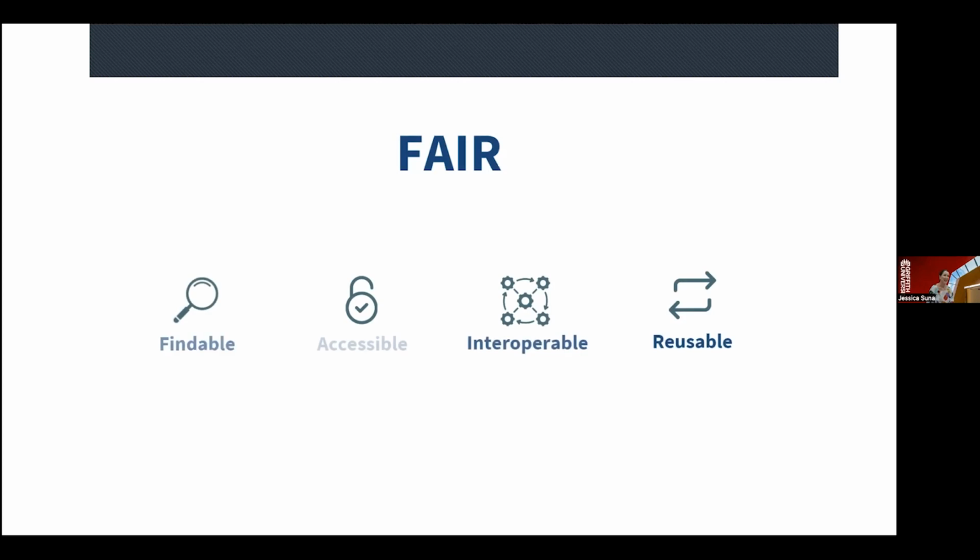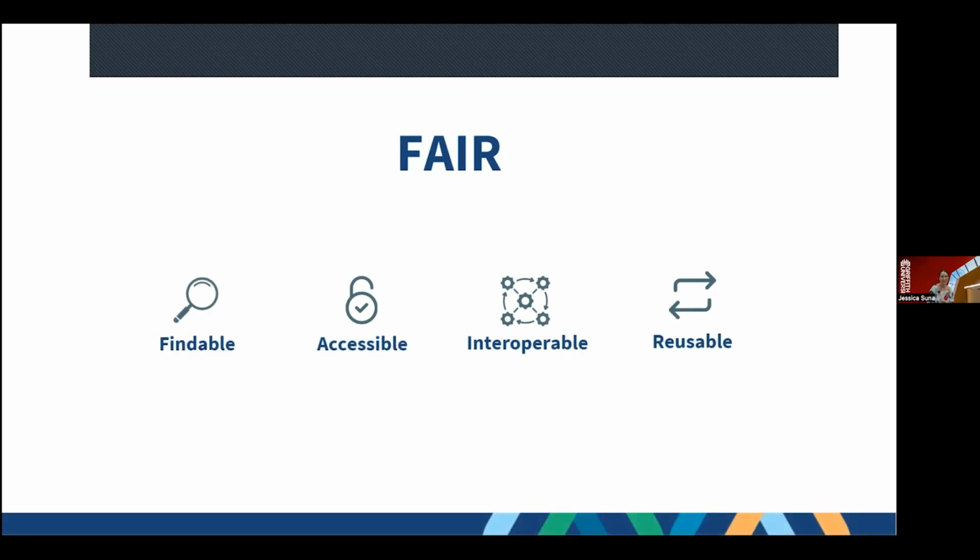Okay, so FAIR. Using FAIR data principles can significantly enhance the impact of your work by facilitating early and easy discovery and reuse of your data. FAIR data principles are articulated through 4 key components. The first is findable, so ensuring your data's discoverability through rich metadata and persistent identifiers.